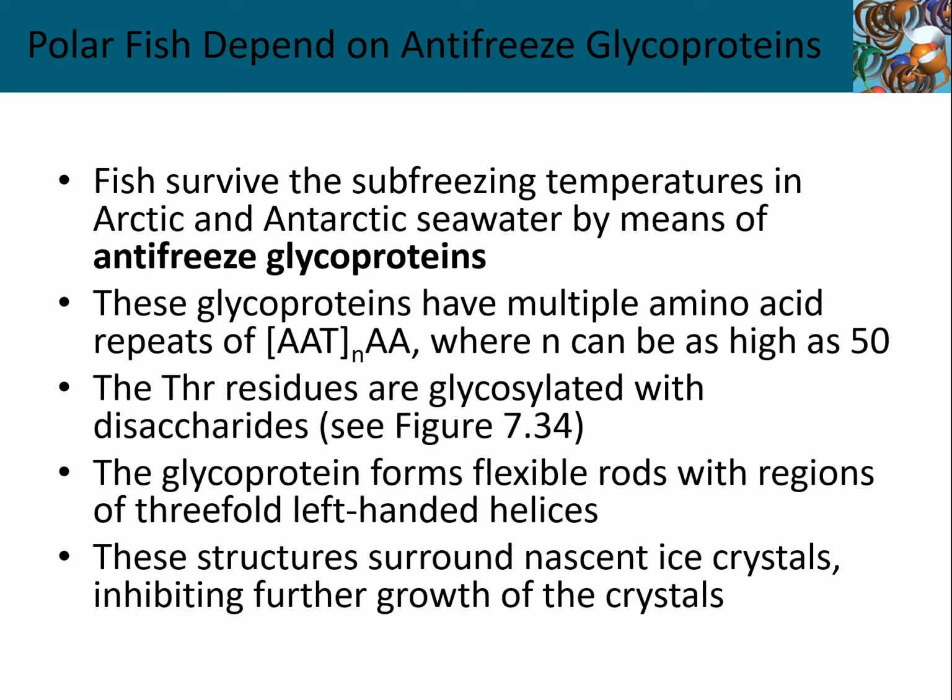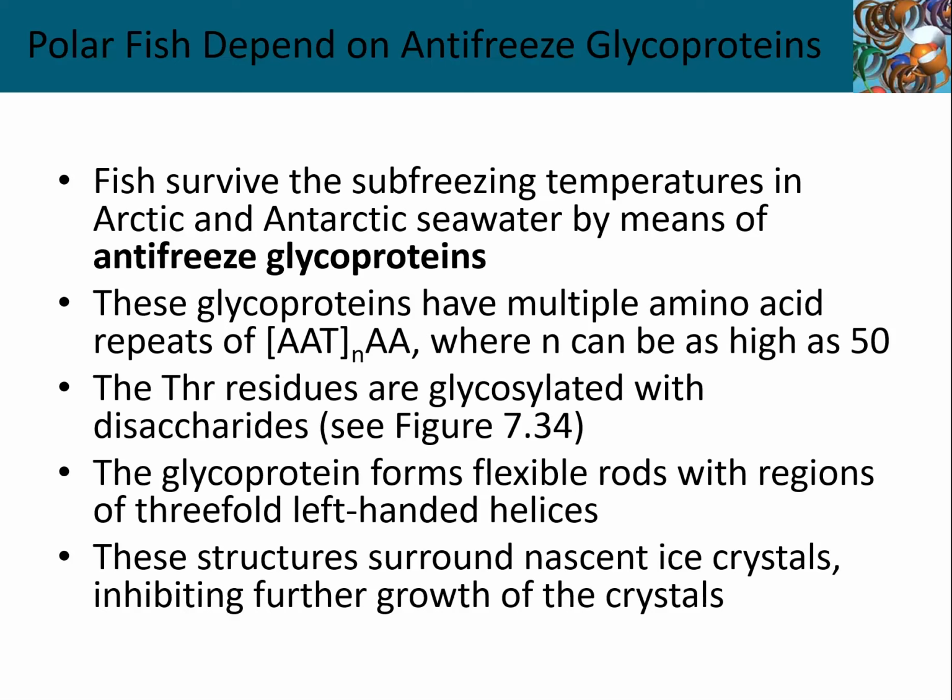Oh, here we go. Antifreeze functions of glycoproteins. So, whereas before we had talked about the formation of hydrogen bonds with these carbohydrates around nascently forming ice crystals as a mechanism for antifreeze protection, there's a couple of different classes of glycoproteins which have repeating units of A and T, where we can see multiple repeats, as many as 50 units of this, and you've got alanine, threonine, and the threonine residue specifically is glycosylated with a disaccharide.